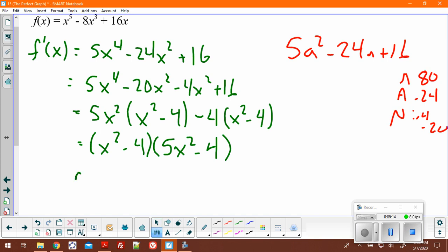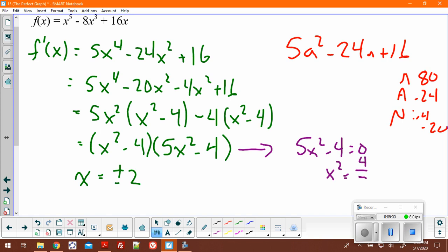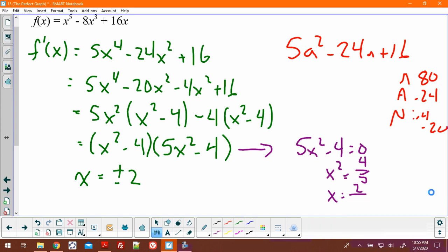Okay, so in terms of roots, from my first difference of squares, I'm going to get plus or minus 2. From my second, that's not a nice one, but 5x squared minus 4 equals 0. That means x squared equals 4 divided by 5, so x equals 2 over the square root of 5.